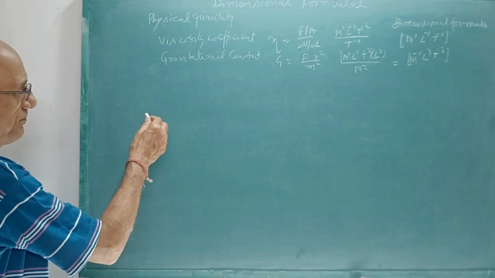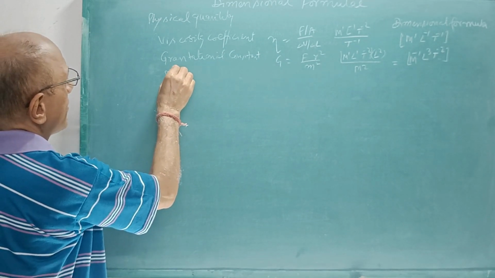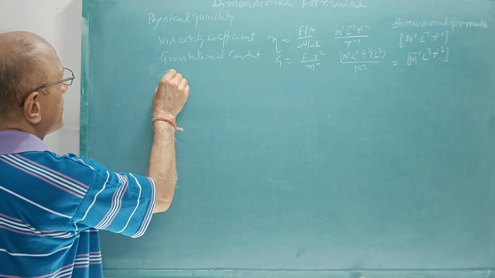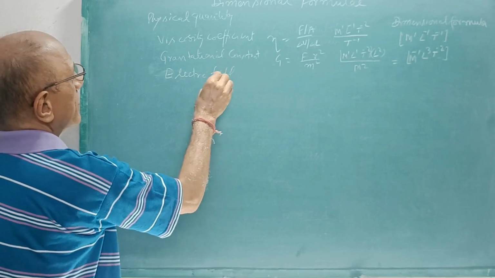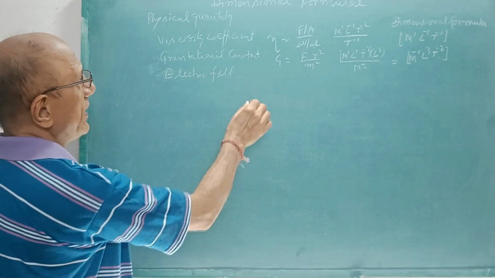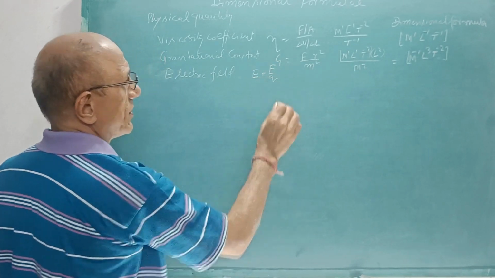Now you can have magnetic or electric field. Electric field E is force per unit charge.